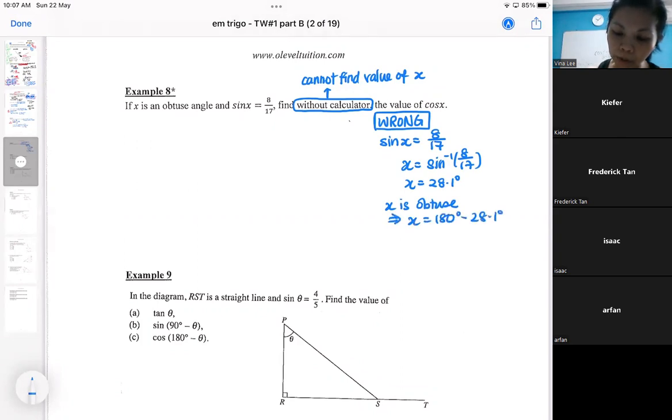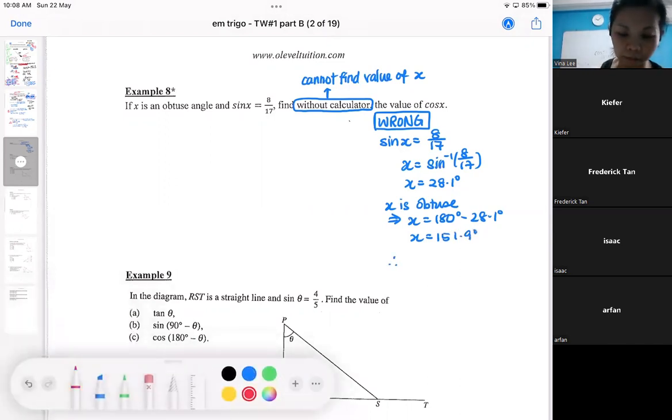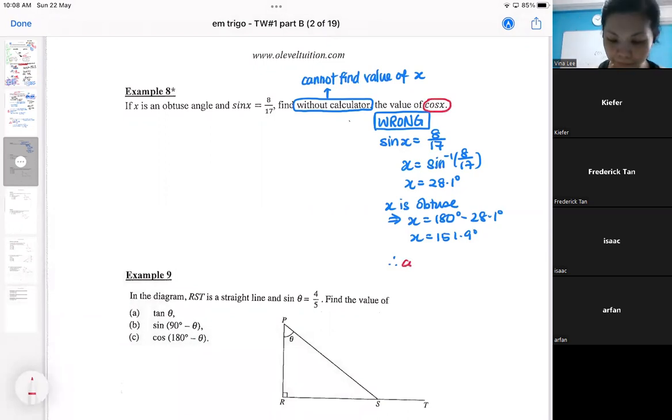So some people will go and find the obtuse angle first. And after that, they answer the question. So whoever does that, right, you get no marks at all.